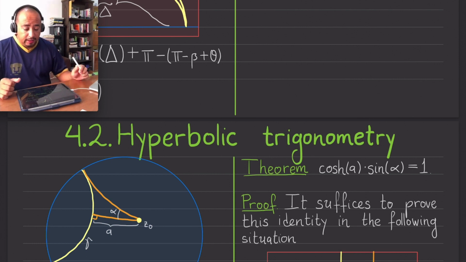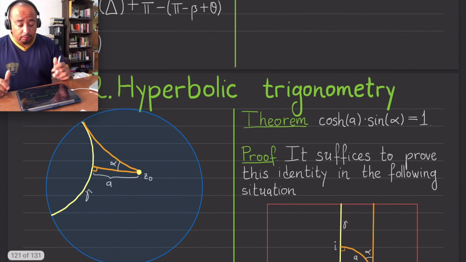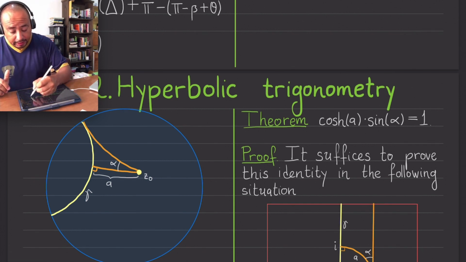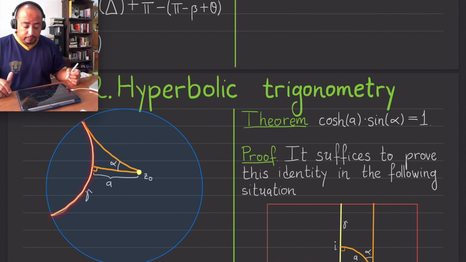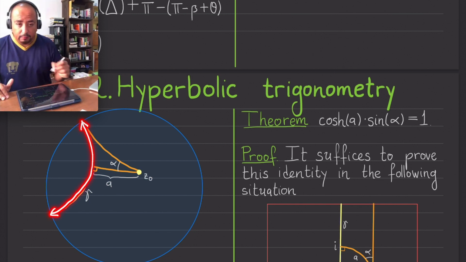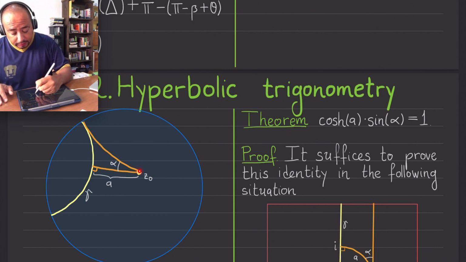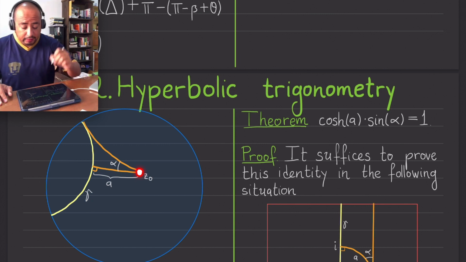And so the basic consideration is that one starts with the following information: a shortest curve. So let's say a complete shortest curve, in the sense that it's infinite in the two possible directions. That's what I mean by a complete shortest curve. And a point outside this shortest curve.